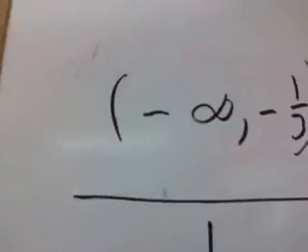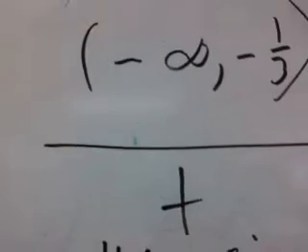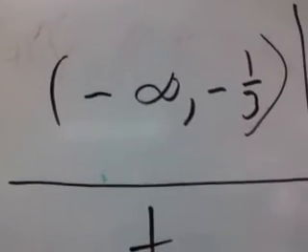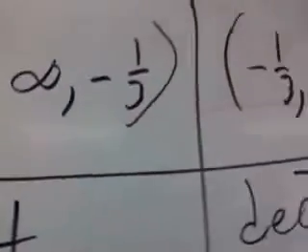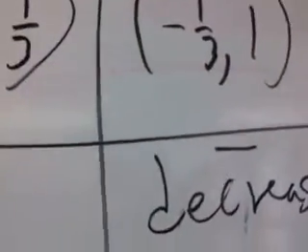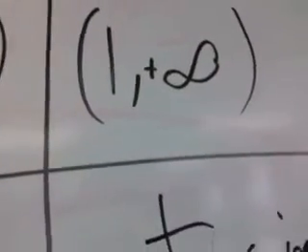My first interval here is from negative infinity to negative 1/3. And I have to test a number in there. My next interval is negative 1/3 to 1. And my last interval would be 1 to positive infinity.